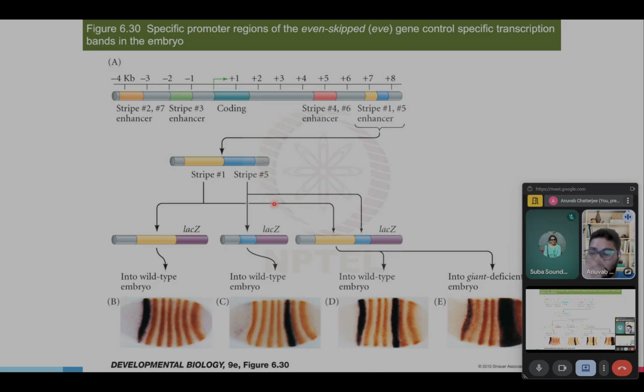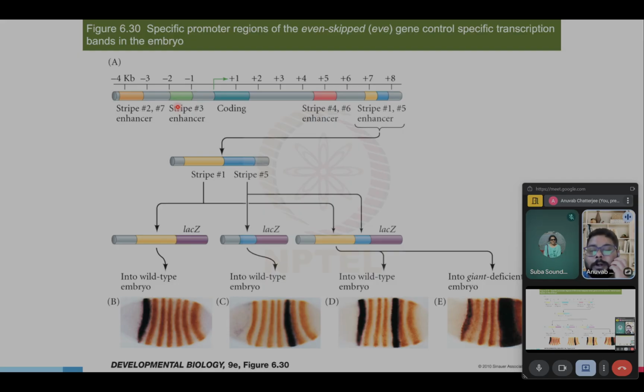So just to give you a refresher, enhancers are part of the DNA sequence which are cis elements, present on the same patch of DNA as our coding gene, and onto which different transcription factors can bind and cause transcription of the gene.